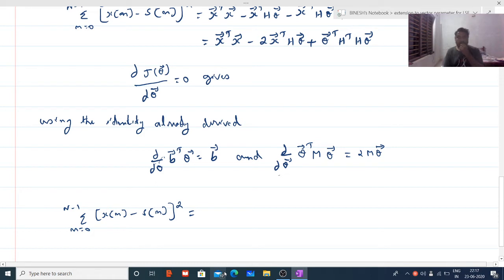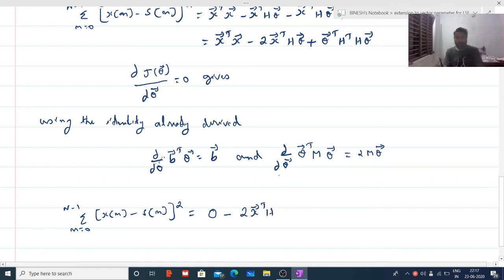So it should be with respect to theta. The first term will be 0, because in the first term, that is dou by dou theta of x transpose into x, there is no theta term. So what happens, that term will be 0. The next term will be minus 2 x transpose h.